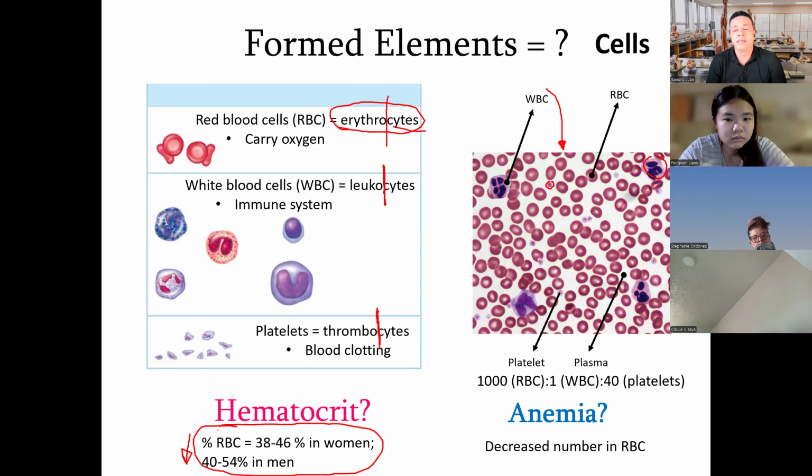Because anemia is a decrease in the number of red blood cells. Now, there are several things that can cause anemia, and we're going to go over some of them, but anemia simply means a drop in the number of red blood cells below the homeostatic level, below the average. Okay, you don't know what is causing it, but that's what anemia is.